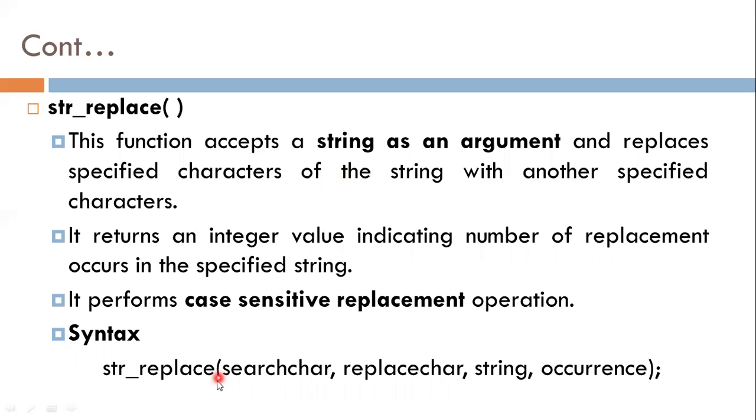The syntax is the str underscore replace function, in brackets first write the search string, meaning the find string, then comma, then the replace string that the find string is replaced with, then comma, the string, and then the occurrence count.